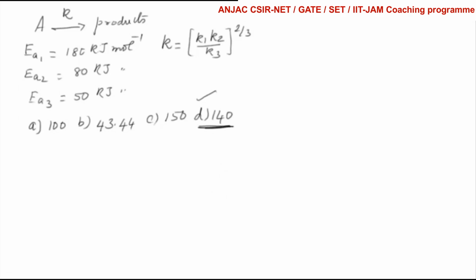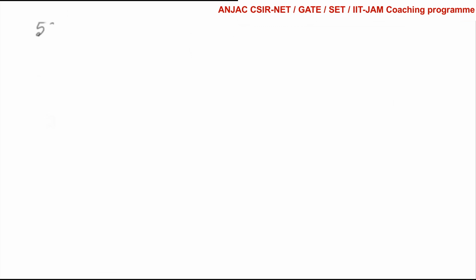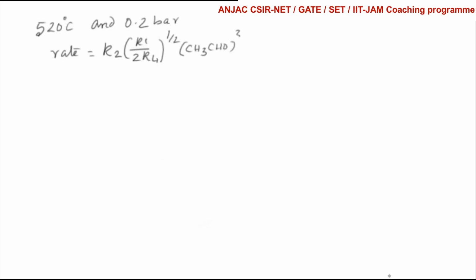The rate law for one of the mechanisms for the pyrolysis of acetaldehyde at 520 degrees centigrade and 0.2 bar is: rate is equal to K2 into K1 by 2K4, power half, into acetaldehyde power 3 by 2.